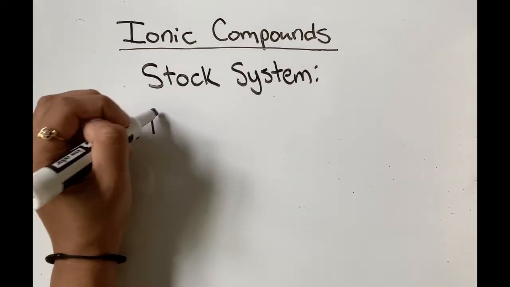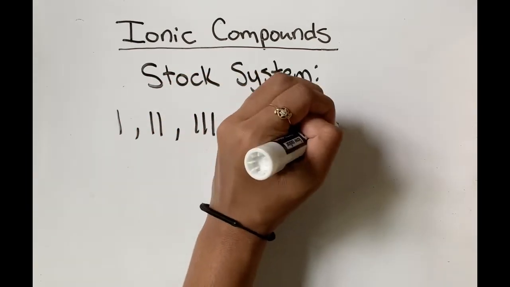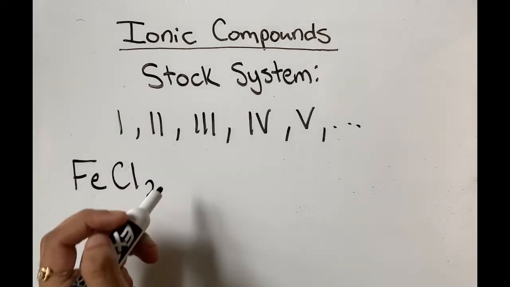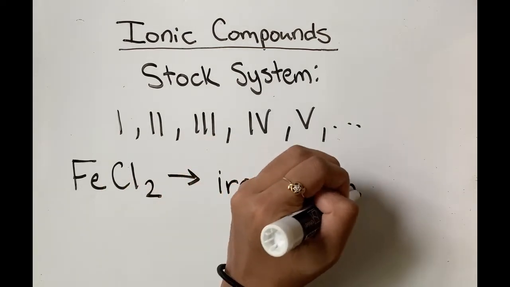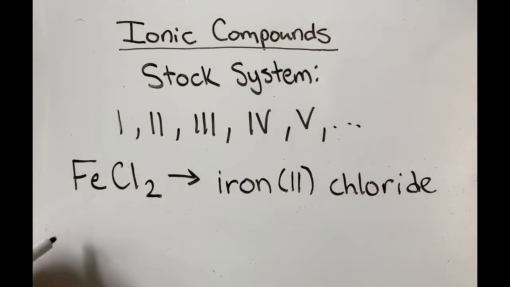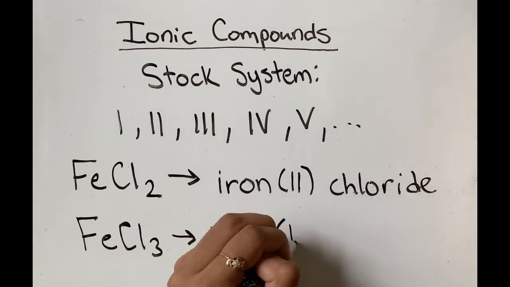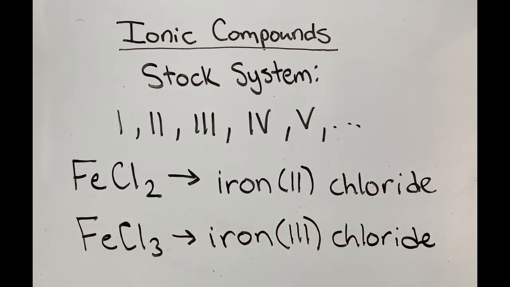All you have to do is indicate the number of positive charges in a cation using Roman numerals. Looking back at FeCl2, which is called ferrous chloride, we can simply write that as iron, II, or 2, chloride. FeCl3 would be iron, III, or 3, chloride. A lot easier to remember, isn't it?